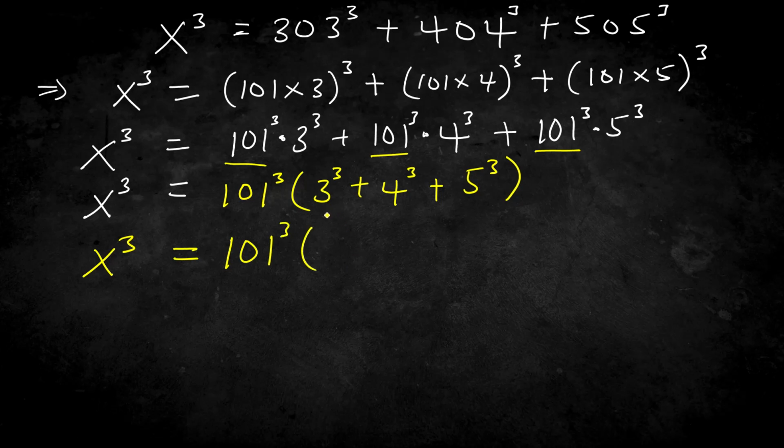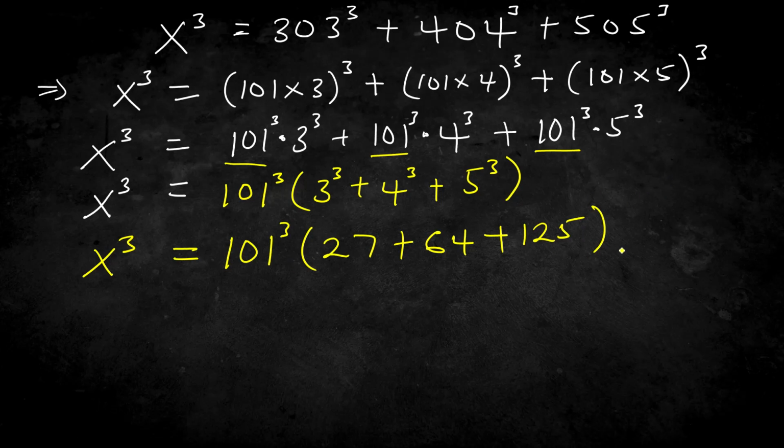So 3 cubed gives us 27. 4 cubed, 4 times 4 times 4, is 64. Then 5 cubed, 5 times 5 times 5, is 125.